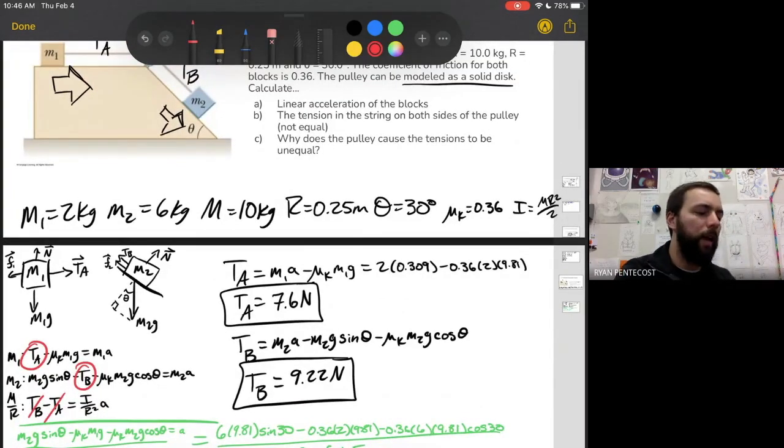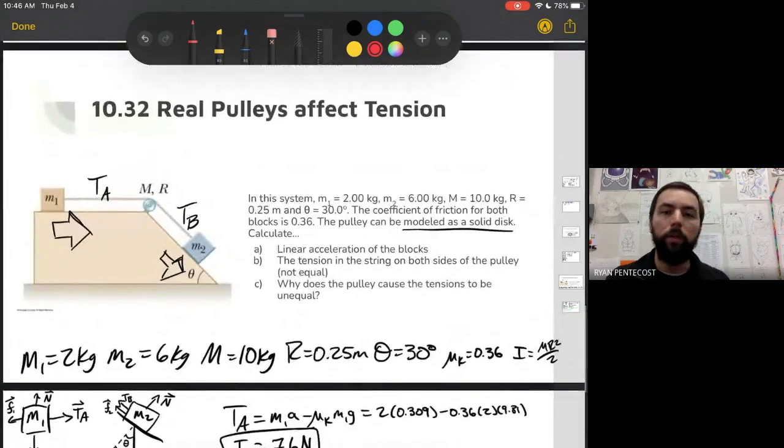Now, question C asks our final question: why does the pulley cause the tensions to be unequal? The whole point of this was that real pulleys are affecting our tension. That is because tension B is not just pulling M1. It's pulling M1 and it's having to turn this pulley that we're now recognizing has mass, whereas tension A is just pulling M1 and that's it.